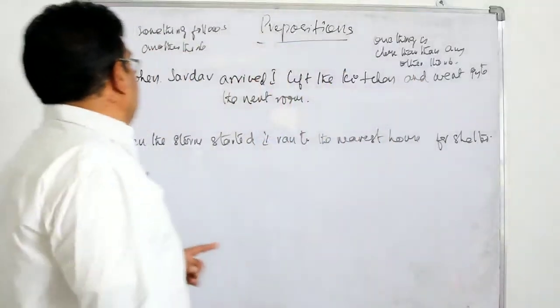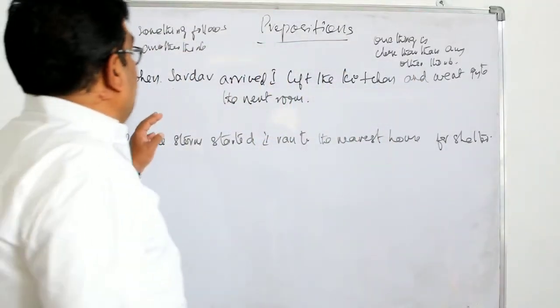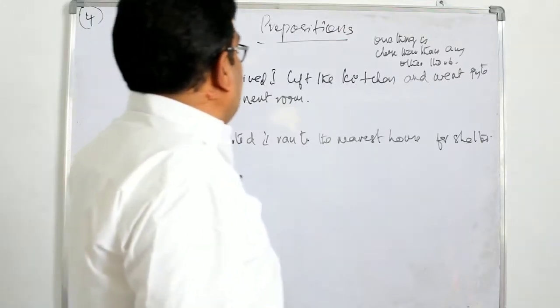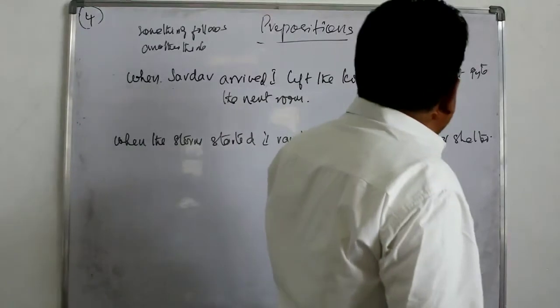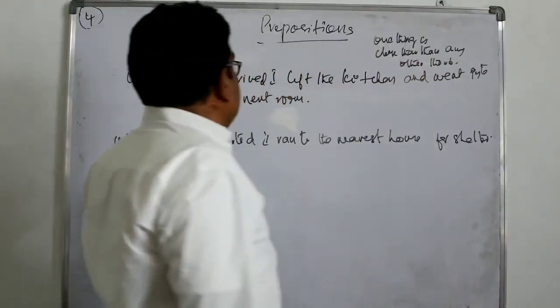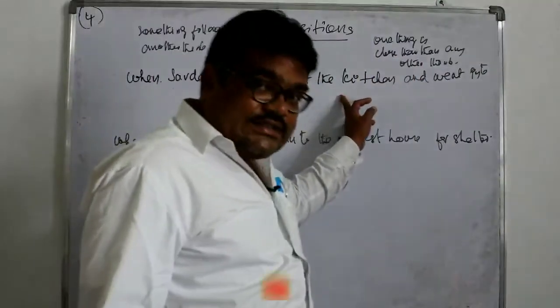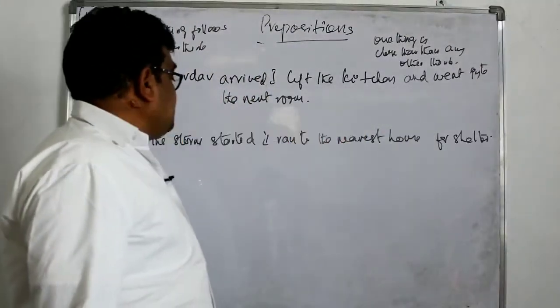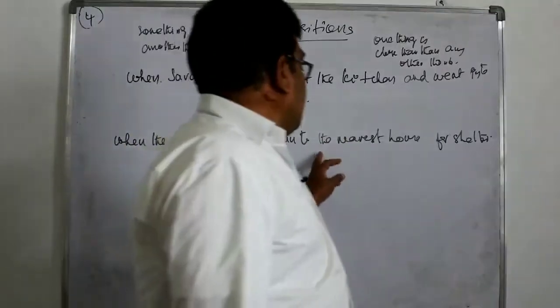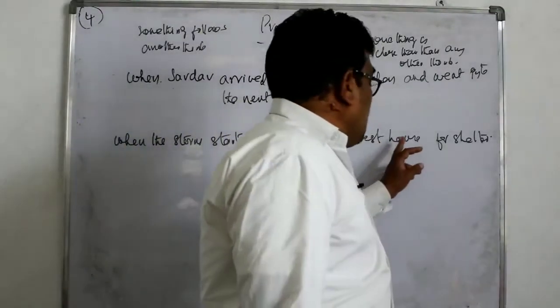You see this example. First example, when Sardar arrived, I left the kitchen and went into the next room, not the nearest room. Another one, when the storm started, I ran to the nearest house.